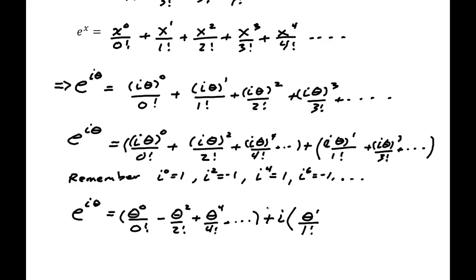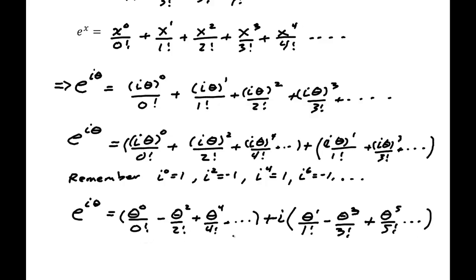Well, I took one of the i's out, that leaves an i squared. i squared is minus 1, so I get minus theta cubed over 3 factorial. The next term would be i to the 5th, but I took out an i, so I have i to the 4th, which would be a plus 1. So I'd get plus theta to the 5th over 5 factorial.